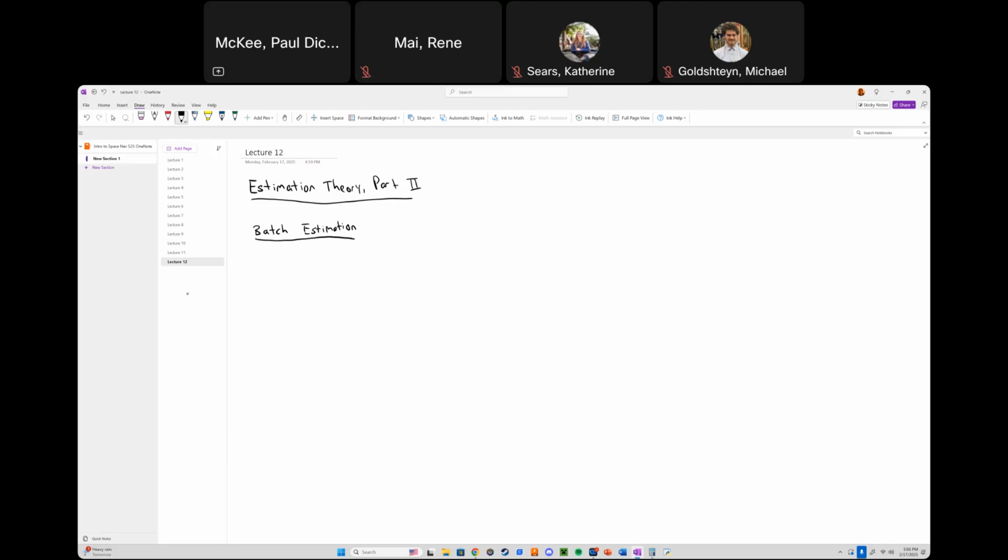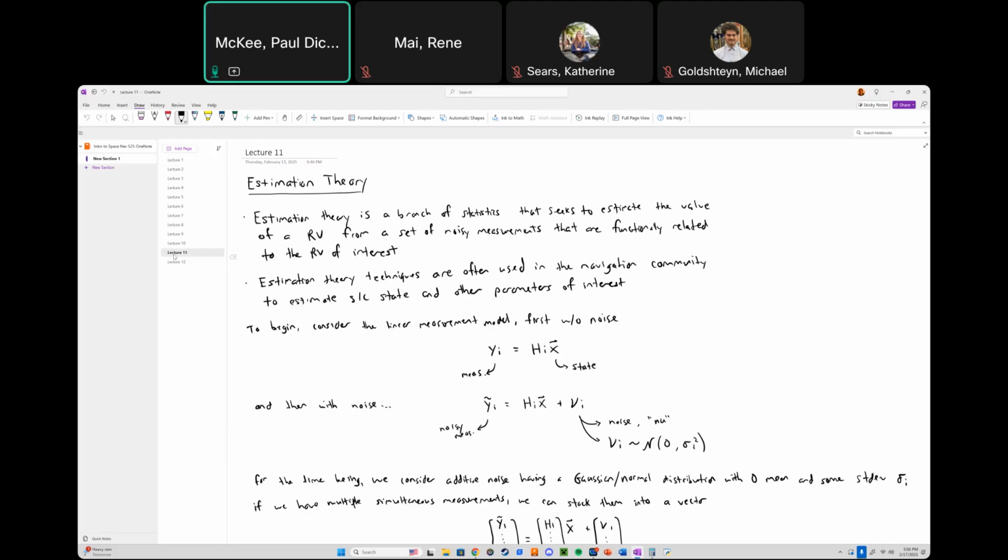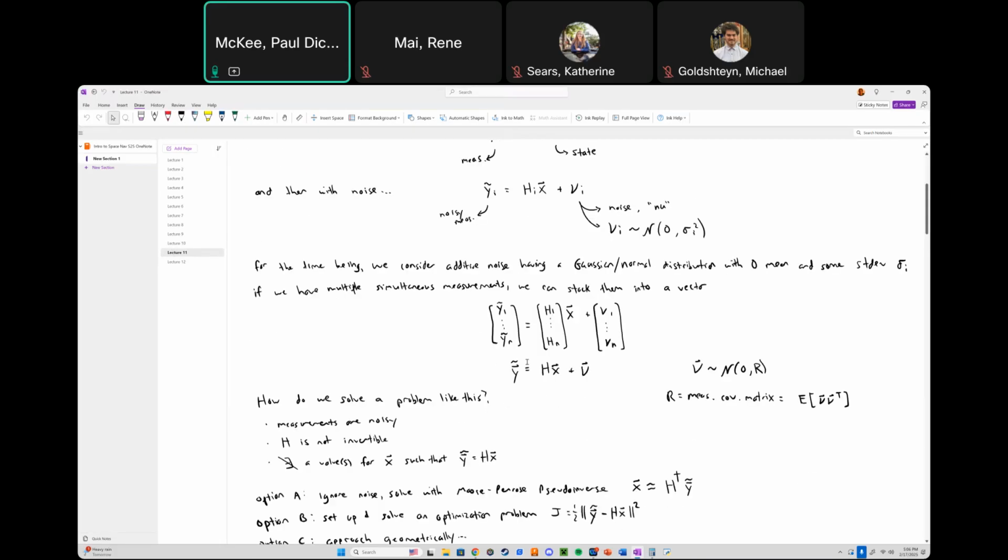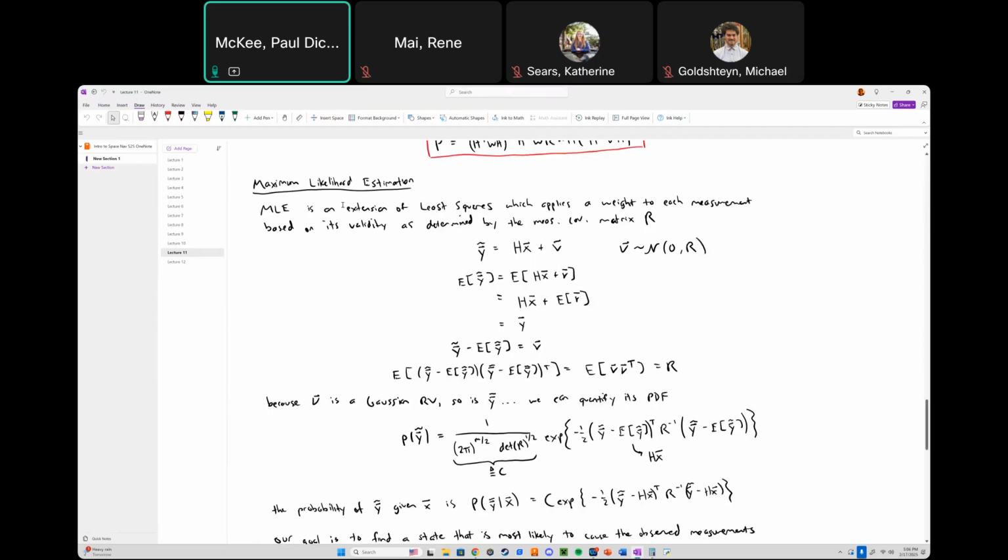So you may remember in the previous lecture, lecture 11, we talked about 3 different ways of solving a linear estimation problem, like what we have here, y equals Hx plus some additive noise nu. We can solve it in a least squares sense, or in a weighted least squares sense, or if we have a decent idea of the noise covariance matrix, then we can solve this according to maximum likelihood estimation.